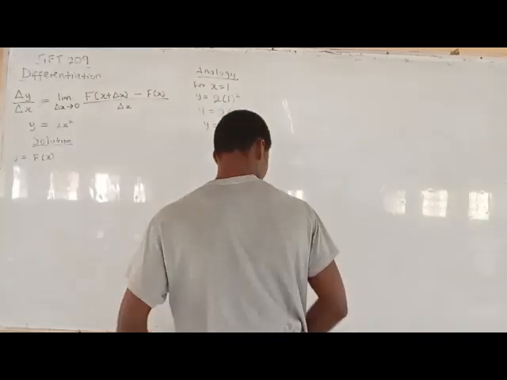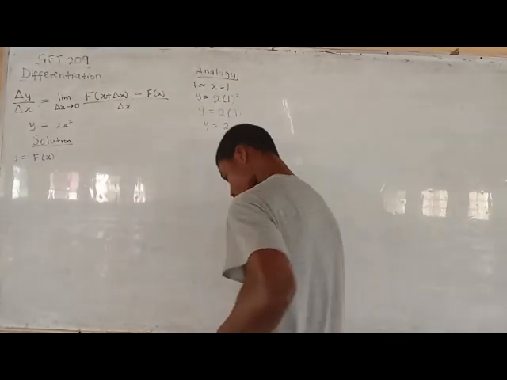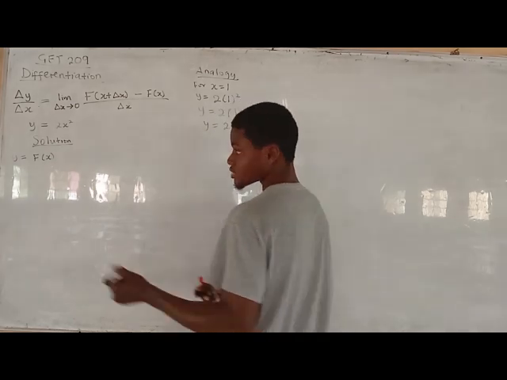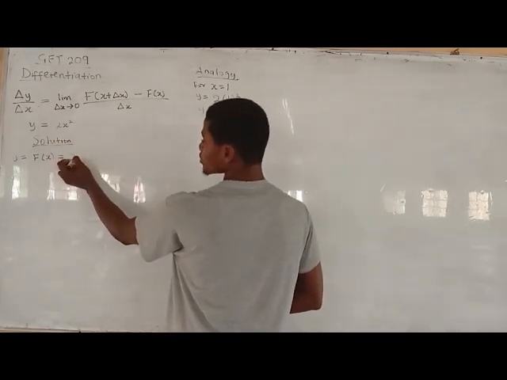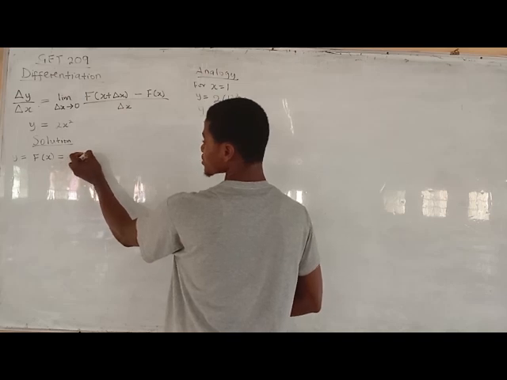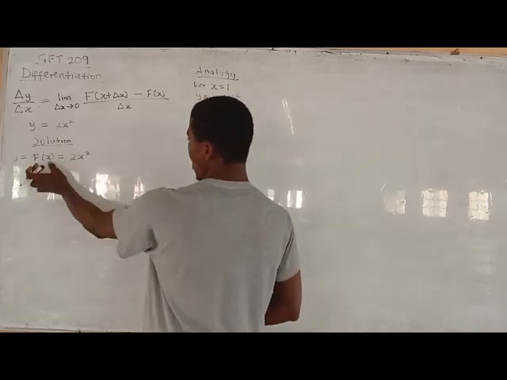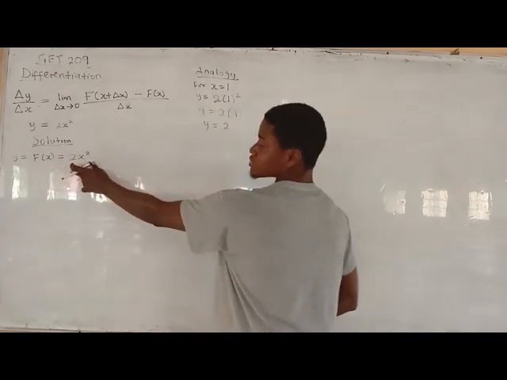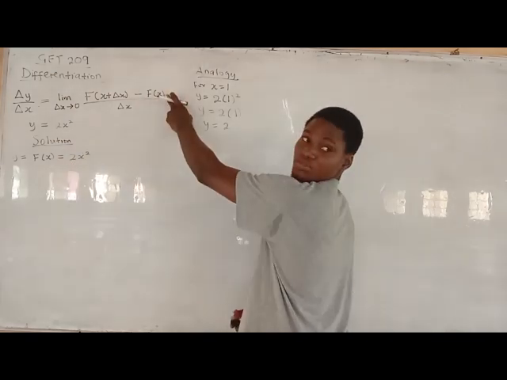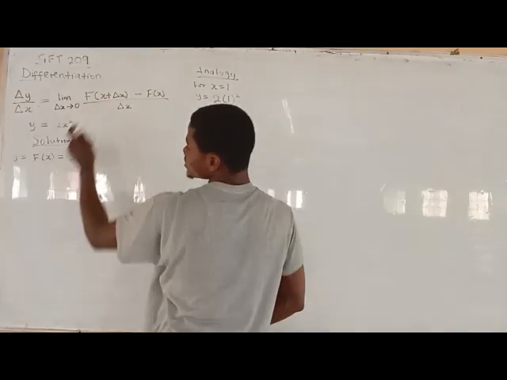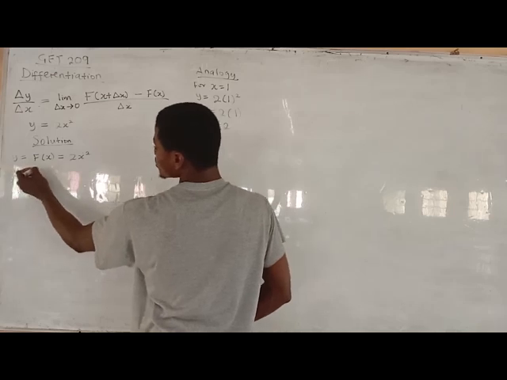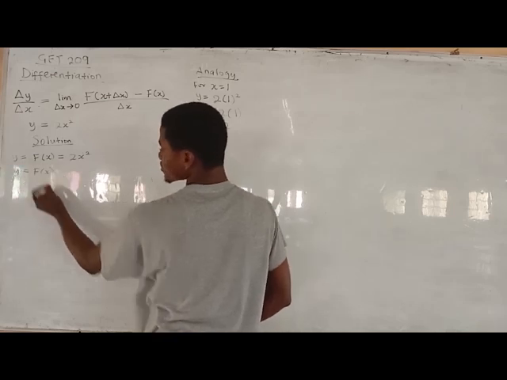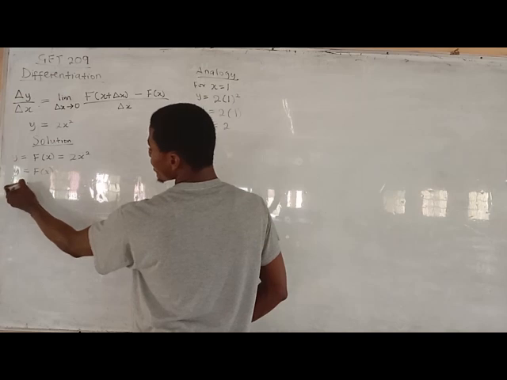And for this function of x, we have that the function of x is 2x squared. So that is our f(x).